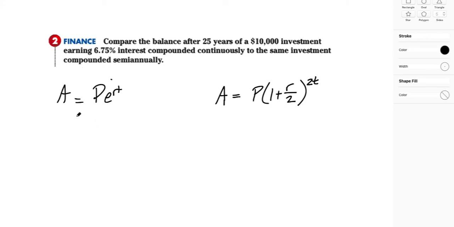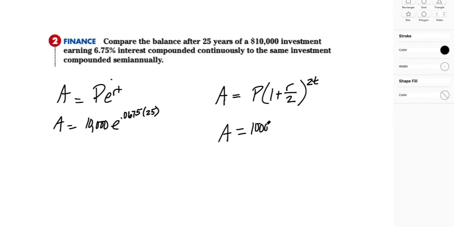So let's see what our values are. If we compound it continuously, constantly compounding this interest, dividing it up into smaller pieces and compounding it, this is what we get. The amount is equal to 10,000 times e to the 0.0675. We write the decimal version of the percent, and we're going to keep it in the bank for 25 years. So we're going to get that answer, and at the same time, we'll calculate this one.